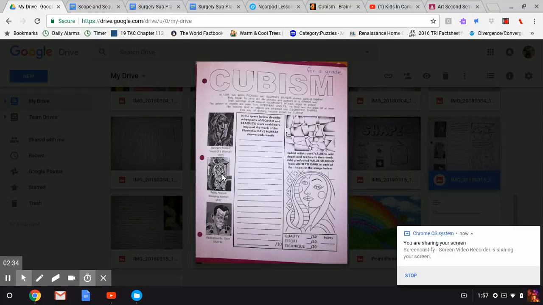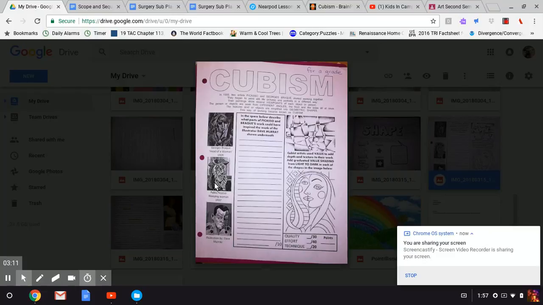To look at these people as if you're seeing them from different angles, like you're seeing them from the front and from the side all at the same time, or from the top and from the side, or from both sides all at the same time. And so that's why it looks like the eyes are wonky, or it looks like you're seeing their full ear and their full nose all at the same time, when in reality, that's hard to do.